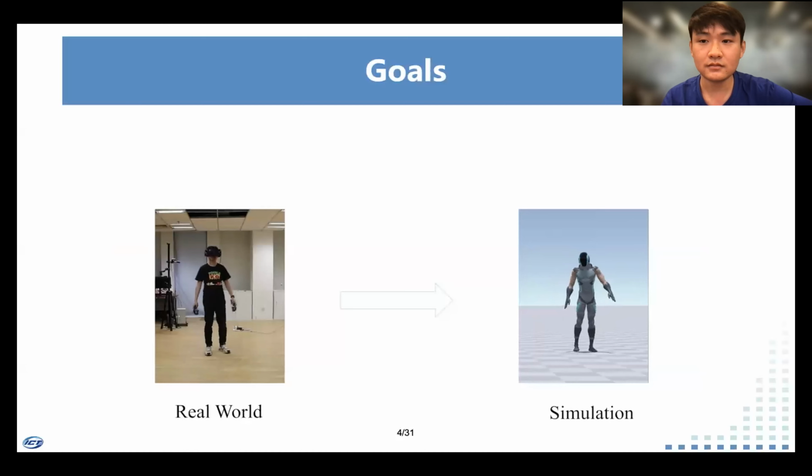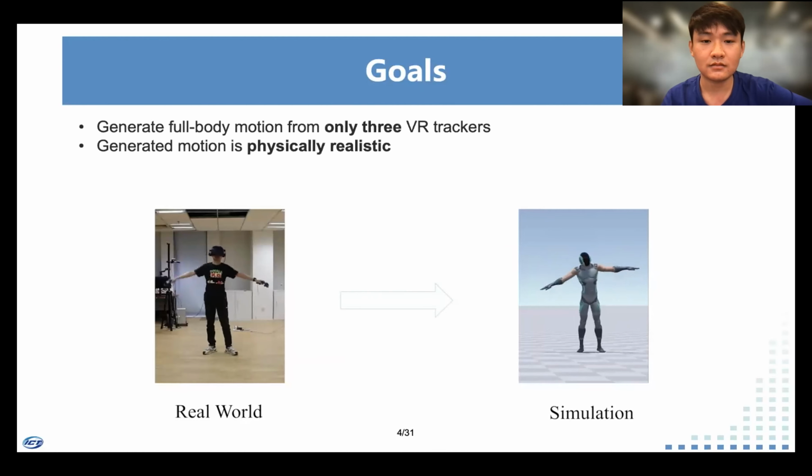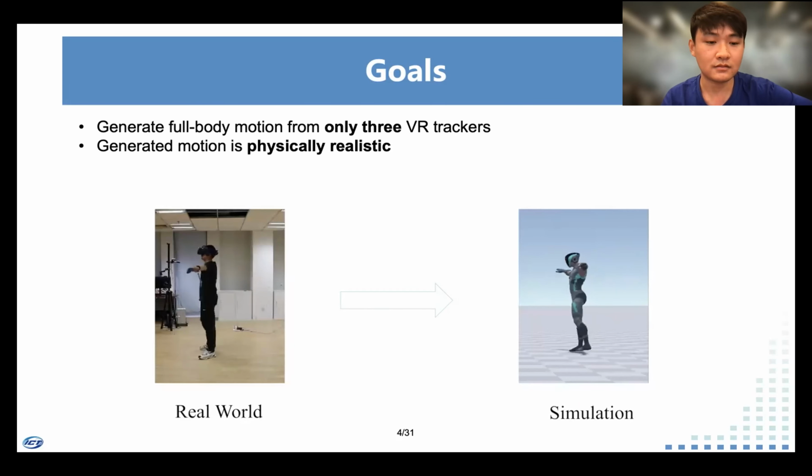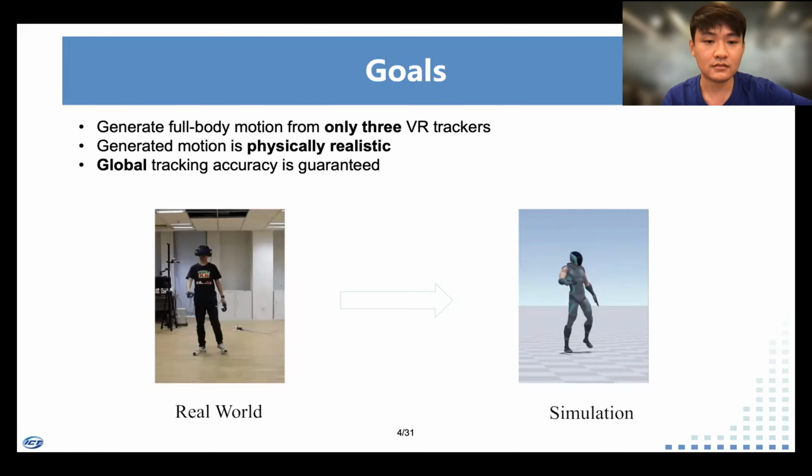The motivation for this work is to generate natural and physically realistic full-body motion from only 3 VR trackers when the user moves around, and also hope that the global tracking accuracy between the input VR trackers and the corresponding body parts is guaranteed.